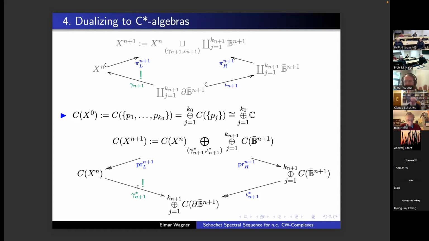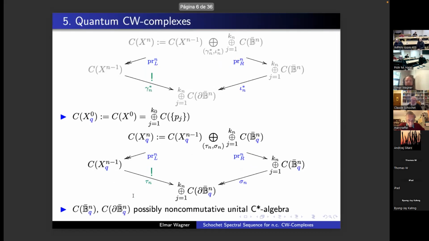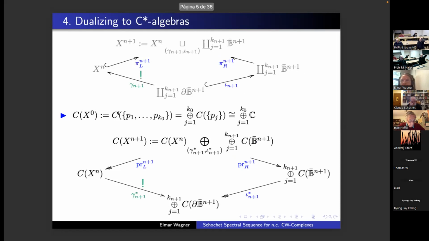I will keep it green so you remember that's where the non-triviality is, and that will determine in the spectral sequence our first differential. So from now it's okay if you notice that's a special part of the gluing. So again, trivial things are blue and important things are green.